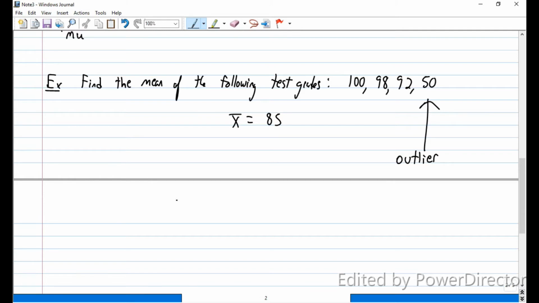Your PowerPoint says an outlier is a data value that is extremely different from other measurements in the data set. It goes on to say that statistical measures which are not affected by outliers are said to be resistant.